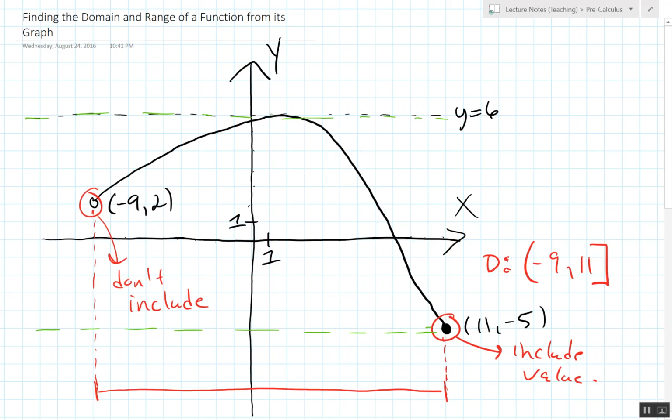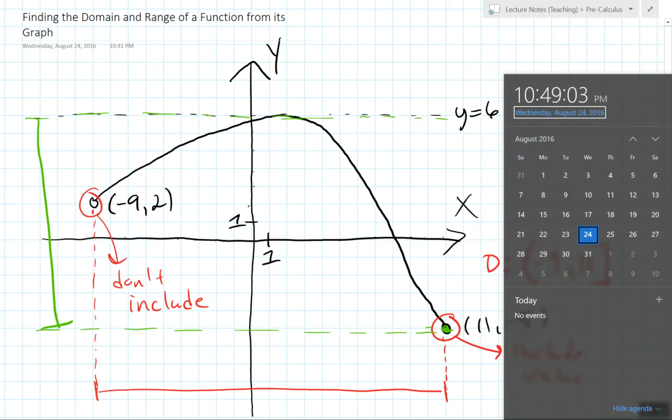We don't know exactly the x coordinate because it didn't happen on an integer value, but that doesn't matter because we don't care about x for range, we only care about y. So this is our range of values for y. And notice that we do achieve 6 because everything is solid here. And we achieve negative 5 since this dot here is solid as well.